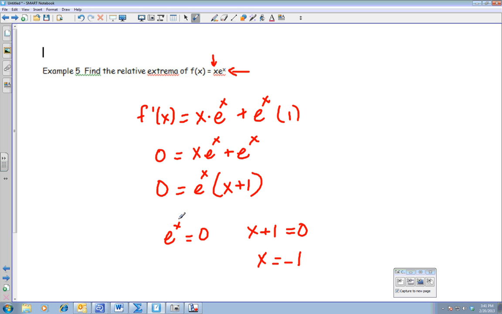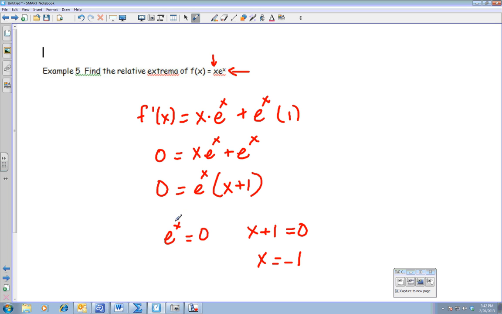This one, e to the x equals 0. Okay, e to the x, if I were to graph this or look at the graph, what number could I put in for x? Remember, e is just a number. E is 2.7 something. So what number could I put in as my exponent so that I could raise 2.7 to that power to get 0?